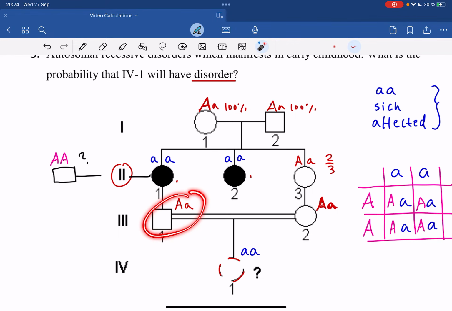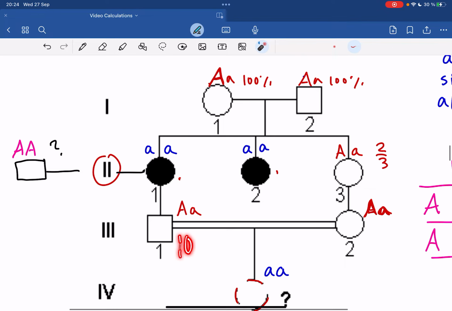This kid will 100% receive an affected allele from the parent, either this one or this one, at least one, right? Or, well, yeah, one of them. But since this kid is unaffected, it's not colored, they will also have the dominant allele.